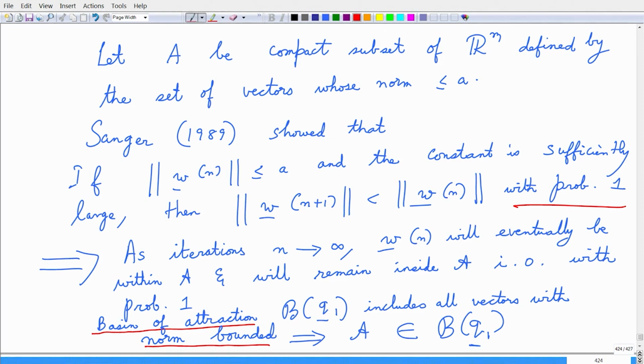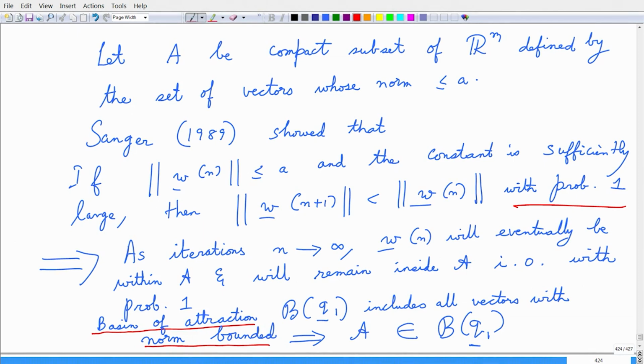Okay. And then the basin of attraction that includes all these bounded vectors, and we say that this is B of q1 because that is the basin of attraction, that includes all vectors with norm bounded, and this implies that this compact subset A is part of that basin of attraction, right. And why this was important?